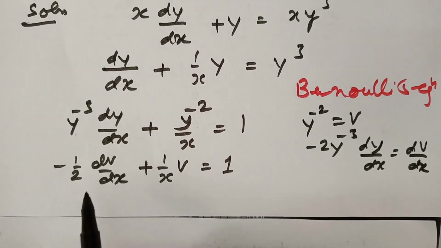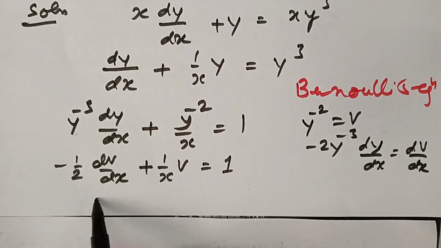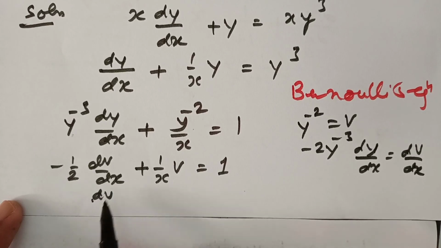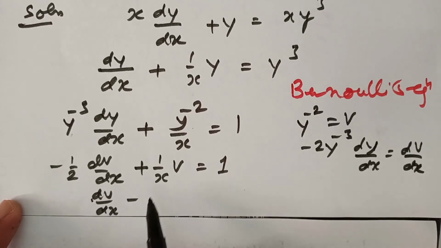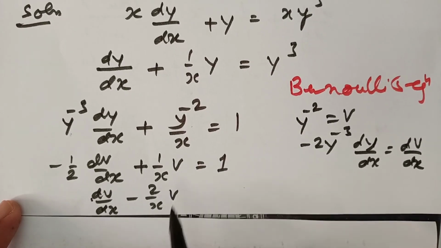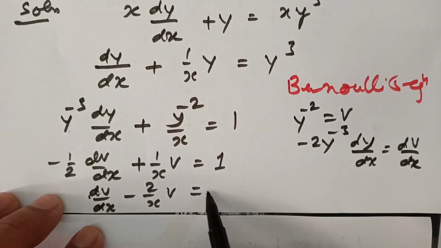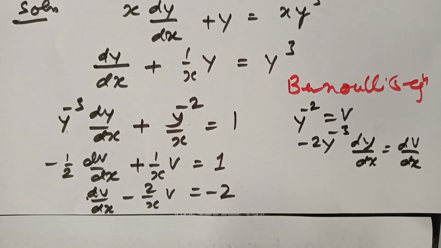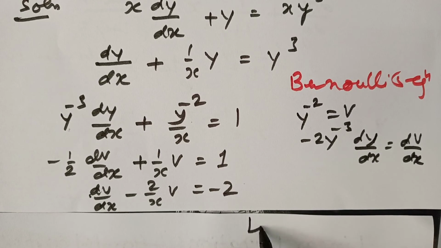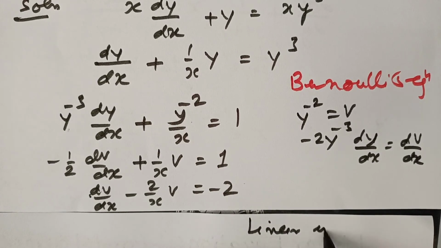So by multiplying by minus 2, dv by dx minus 2 upon x v is equal to minus 2. Okay, so here we see it is linear in v.